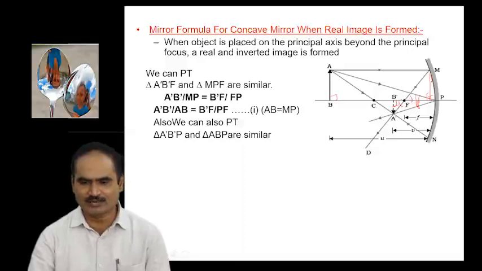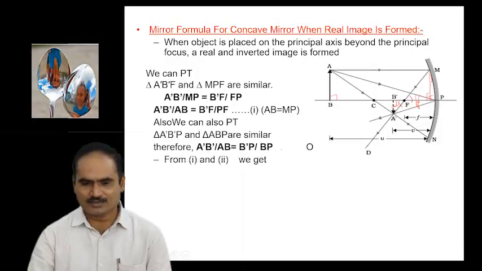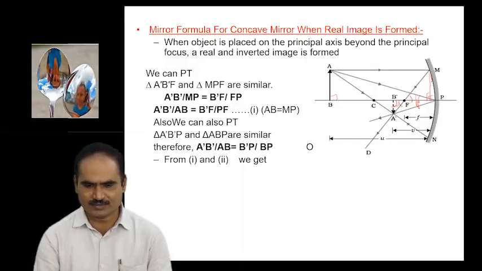So triangle ABP and triangle A dash B dash P are similar. Then obviously the ratios of the corresponding sides are also equal: A dash B dash by AB is equal to B dash P by BP. Let us call this equation number 2.